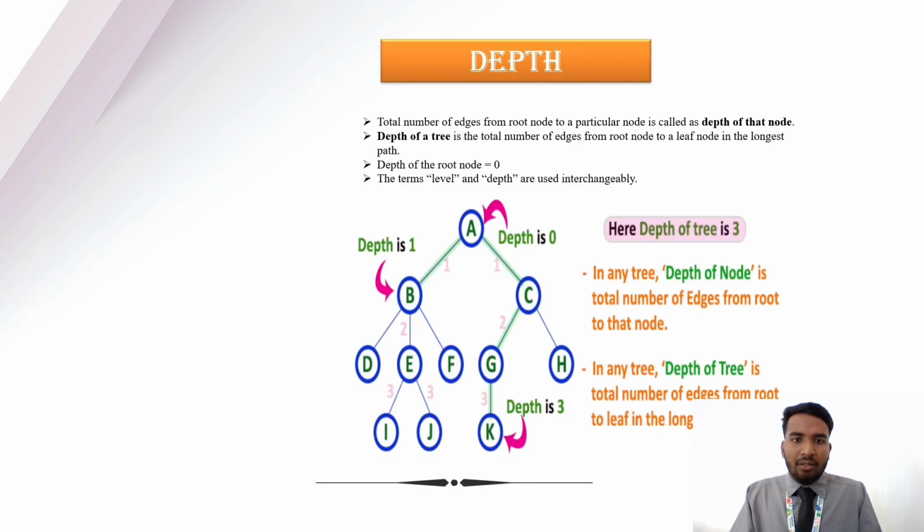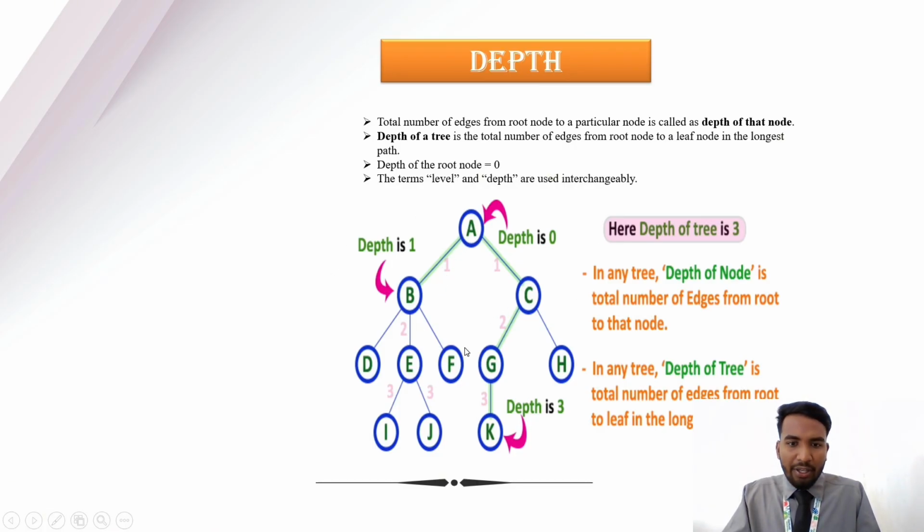The depth. The total number of edges from the root node to a particular node is called the depth of that node. It is like the length of a path, but it is different because it starts from the root node to a particular node.